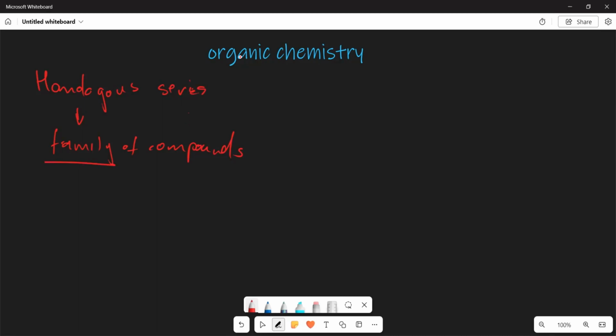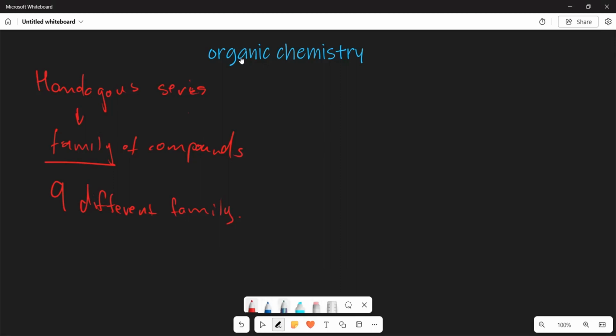Particularly, we are going to be looking at 9 different families. What is significant is how we can differentiate between all these 9 different families.